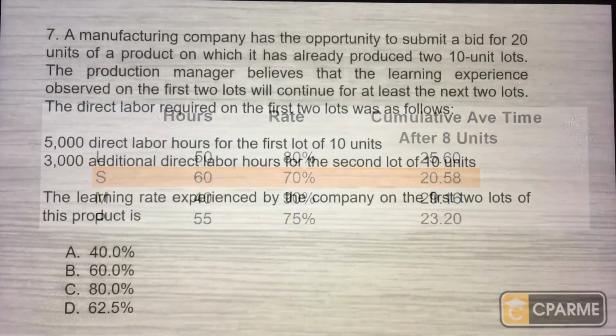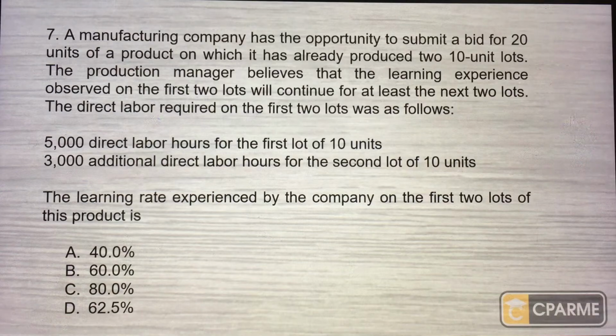Okay. The first two lots of this product. So here, the question that is asked is the learning curve rate. A manufacturing company has the opportunity to submit a bid for 20 units of a product on which it has already produced 2 10-unit lots.